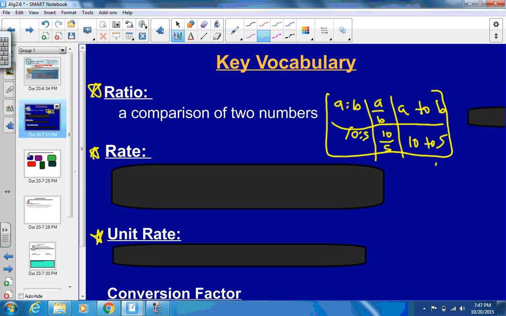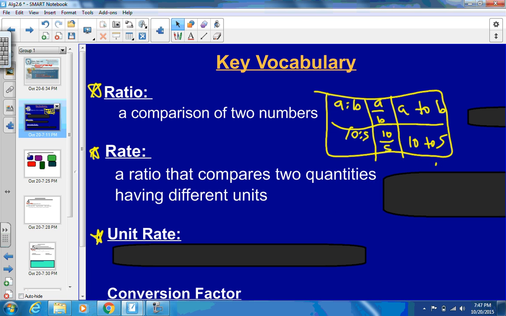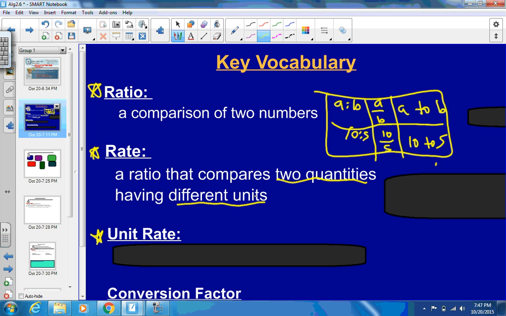All right, next one is a rate. A rate is more common, like miles per hour, but it's a ratio that compares two quantities having different units. The key part there is that it's two quantities with different units. So if we're saying 25 miles per hour, that would be comparing miles and hours.